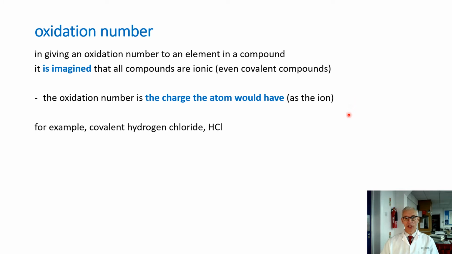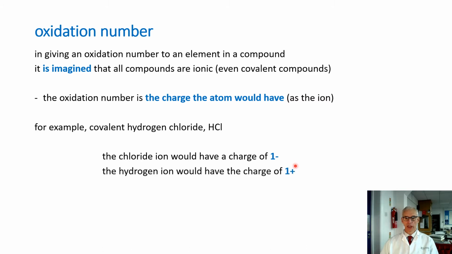So looking at an example, let's take the covalent molecule hydrogen chloride, HCl. Now, if it were ionic, then the chloride ion would have a charge of 1-, and the hydrogen would be an ion with a charge of 1+, from our knowledge of ionic compounds, sodium chloride, etc. So we then apply this to the idea of oxidation number and say, well, the oxidation number of chlorine is -1 and the oxidation number of hydrogen is +1.